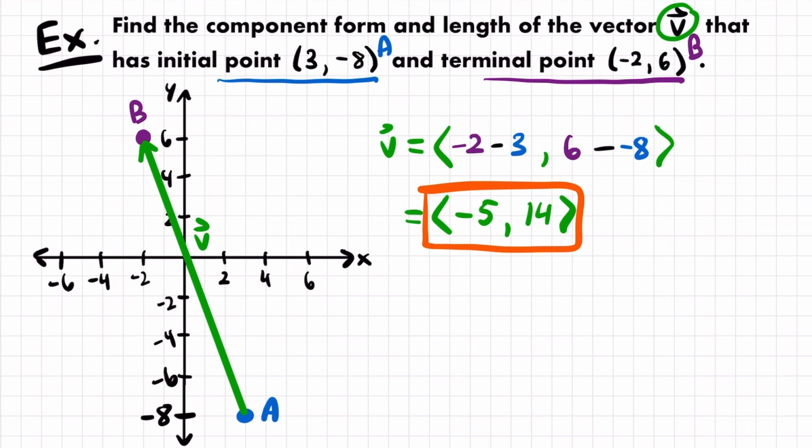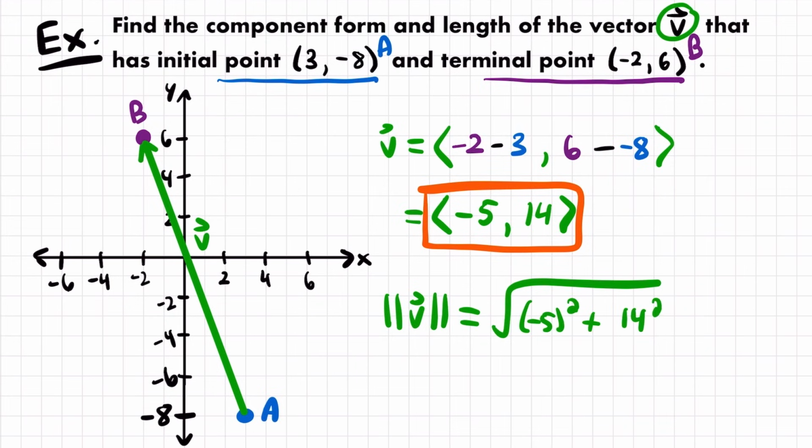Now what we want to do is find the length, or the magnitude. And that's going to be pretty easy now that we know the component form of vector v. The magnitude of vector v will be equal to the square root of the sum of the components squared. So we'll have negative 5 squared plus 14 squared.